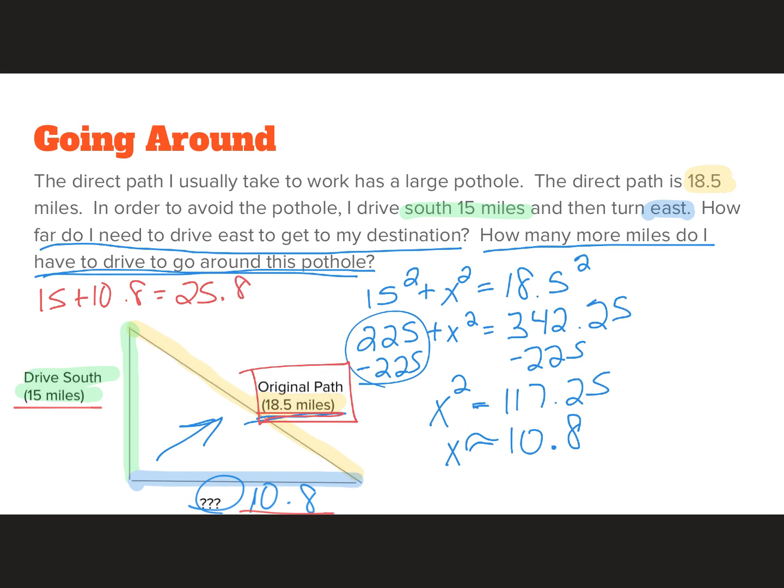My original drive was 18.5, so I'm going to subtract that 18.5. That gives me a 7.3. So I'm having to drive an extra 7.3 miles to go around this pothole. Okay? So make sure you answer both parts. Part A, which is how far do I have to drive, and then part B.